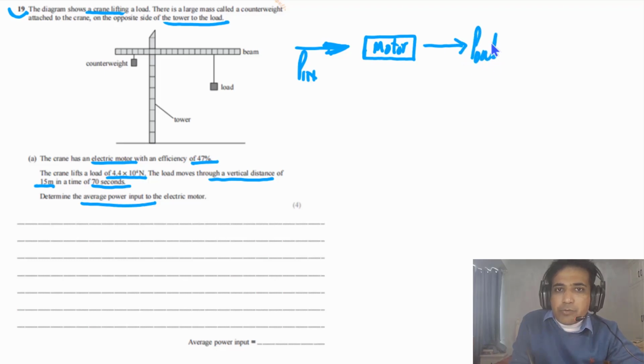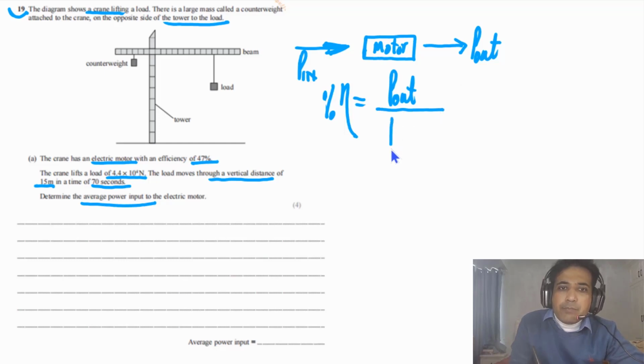So this is the power out. Efficiency, we can simply write down the percentage efficiency. This has to be equal to useful P out divided by P in. So this is useful P out.